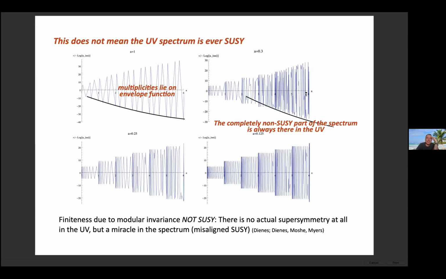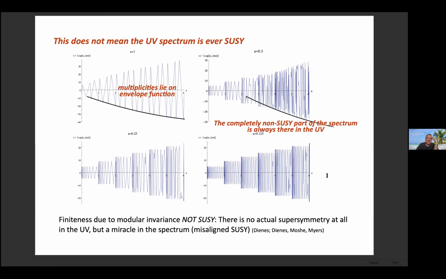But you see what happens as I get heavier and heavier: all of these objects here are completely non-supersymmetric still. You can think of this as the winding mode part of the theory, and it belongs to the part of the theory at r equals 0. So it's never going to go away. It doesn't matter how large the radius is. This part, the UV completion, will always be there somewhere.